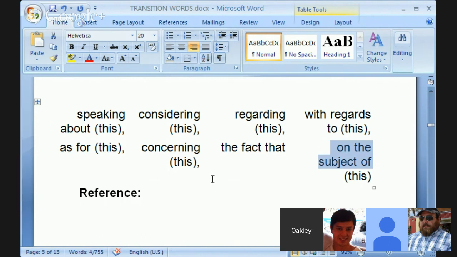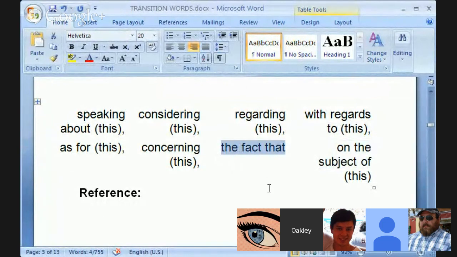What is the difference between in fact and the fact that? Good question. That's an excellent question. We use in fact to stress the point that the listener or reader may not understand the facts.